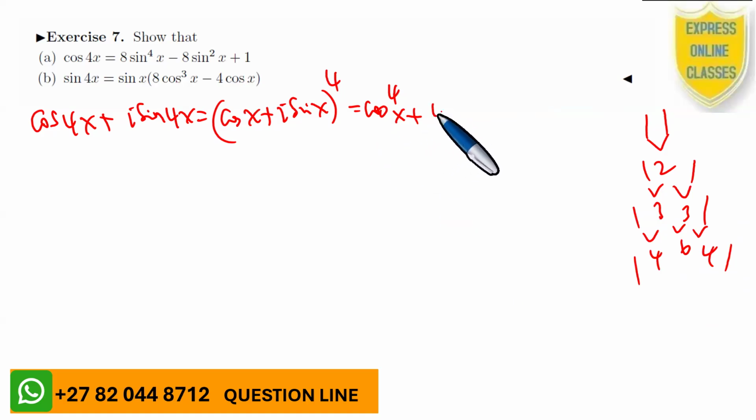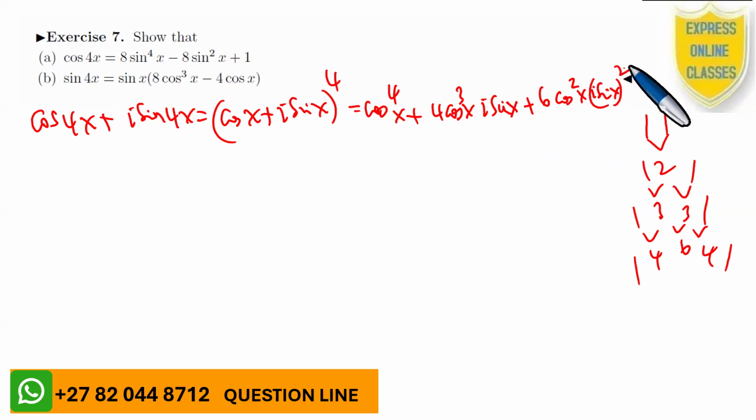So you're going to have 4 cosine cubed x, i sine x, plus 6 cosine squared x, i sine x squared, 4 cosine x, i sine x cubed.